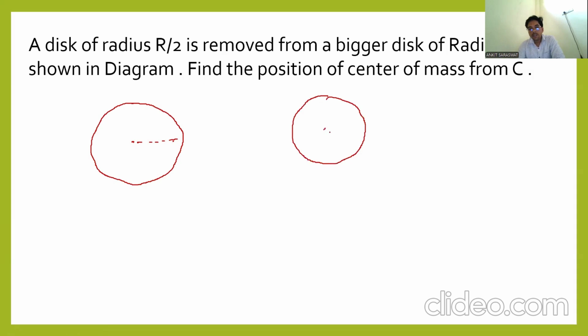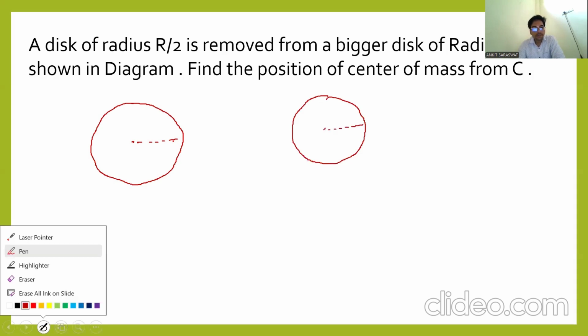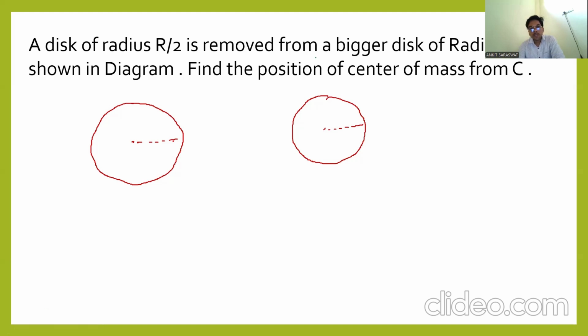Clear? Center is here. This is R. What they are saying? They are saying from a bigger disk of radius R, a disk of radius R by 2 is removed. Clear? So see, this is R, this is R. So R by 2 will be here only. Like this, they cut this much portion.